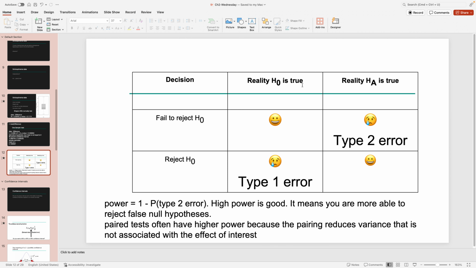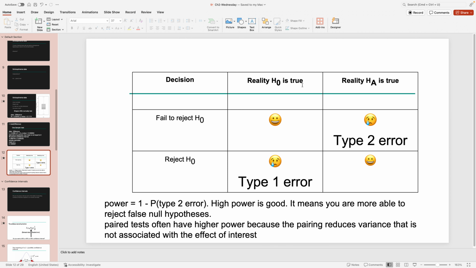So when the reality is that the null hypothesis is true, we can make the correct decision and conclude that the null hypothesis is true or fail to reject it, or we could go with the alternative and make what's called a type 1 error. Okay. Now a type 2 error means that we fail to reject the null, i.e. decide the null is true, when the reality is that the alternative is true.